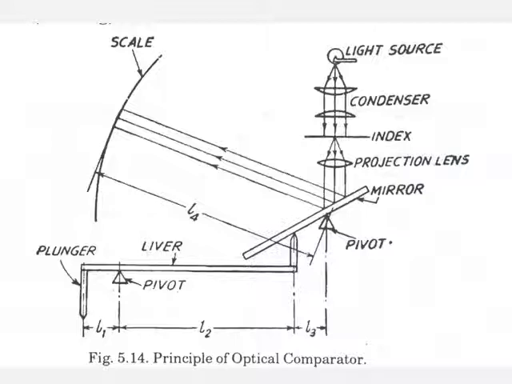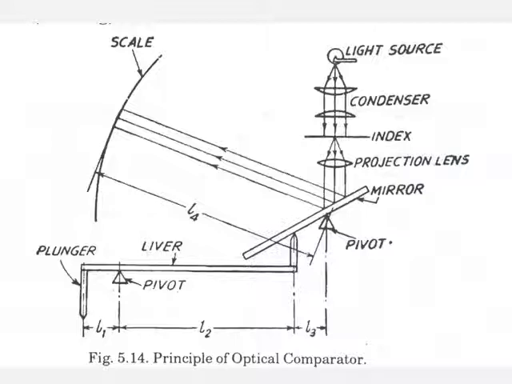From a light source, the light is emitted, which is condensed with the help of a filter. The light is converted into monochromatic light with the help of the condenser lens and the projection lens. Further, the monochromatic light falls on this mirror.